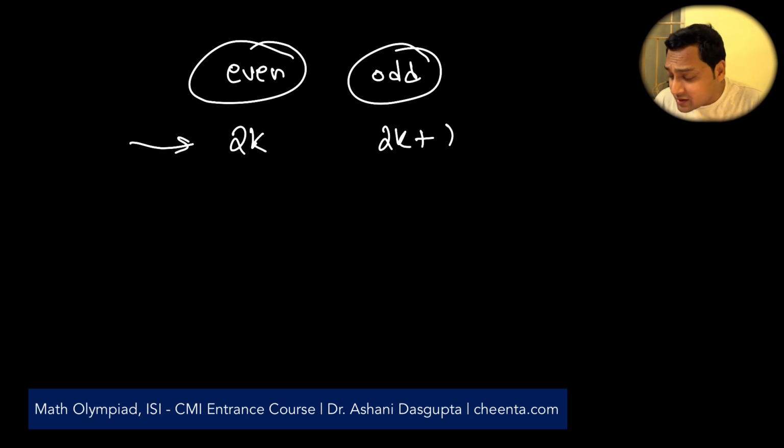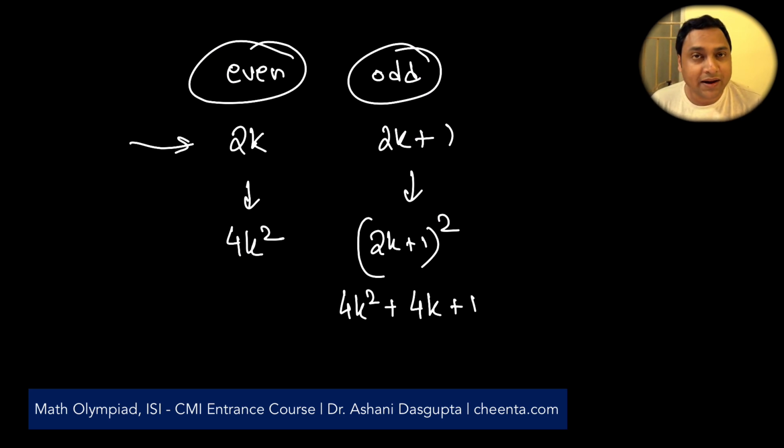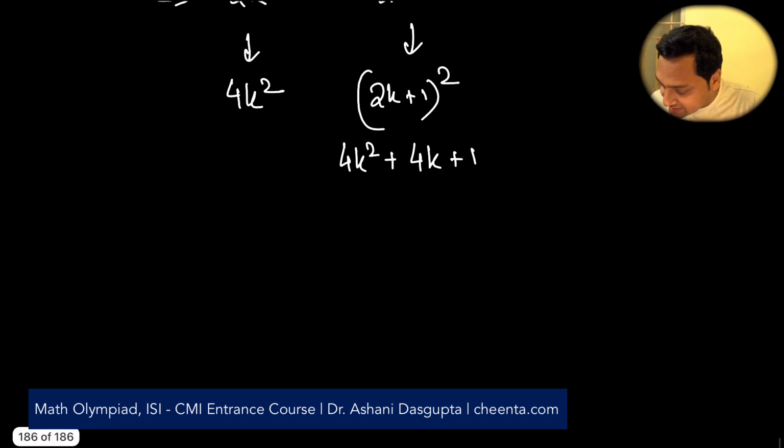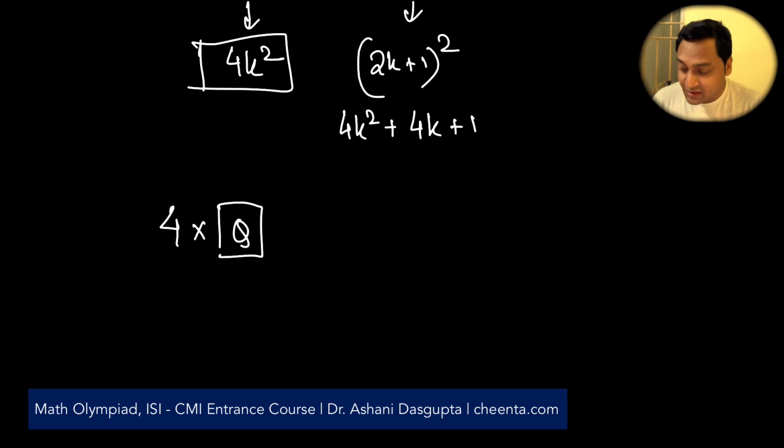Now, if you square these, what you'll get is this one becomes 4k squared, and this one becomes 2k plus 1 whole squared, which is 4k squared plus 4k plus 1. Right? Now see, if I analyze this, this one is 4 times some quotient. This quotient is of course k squared here.